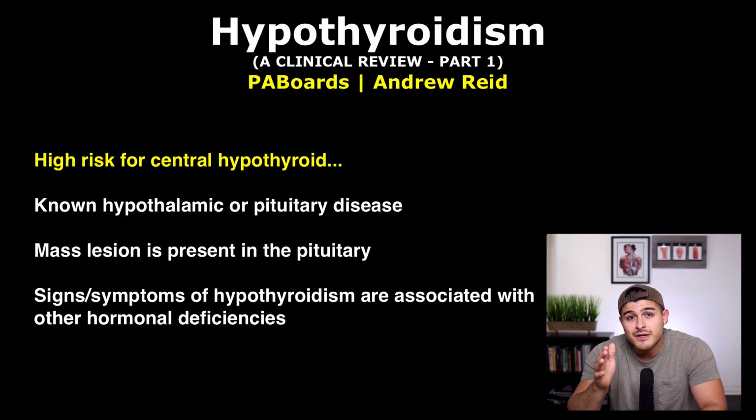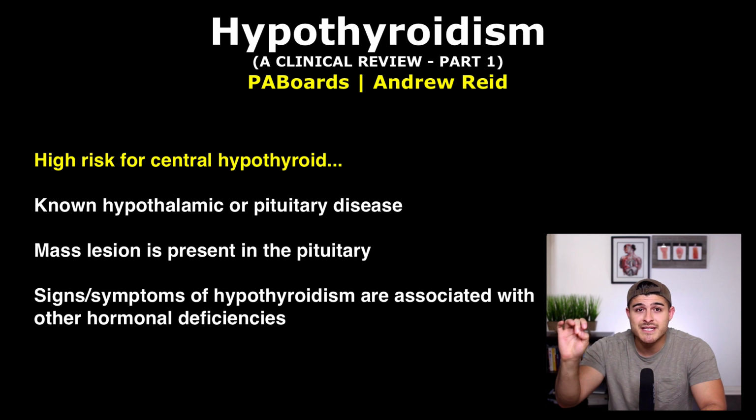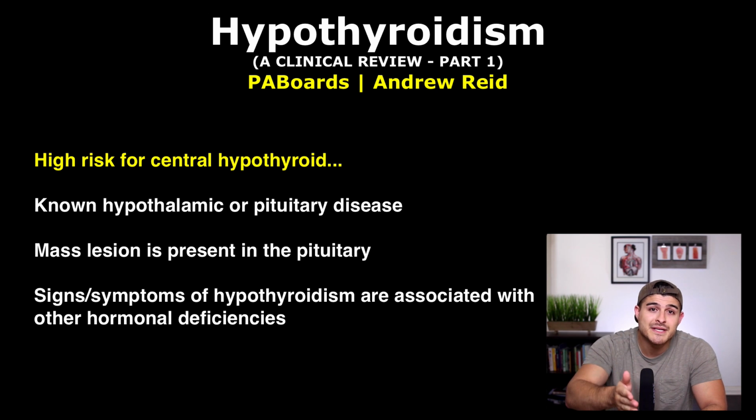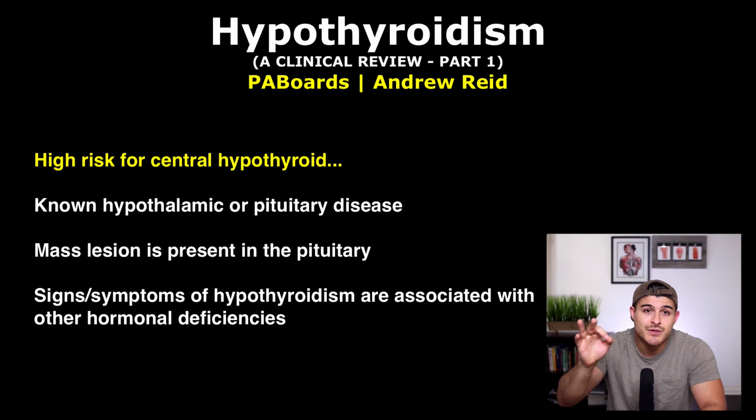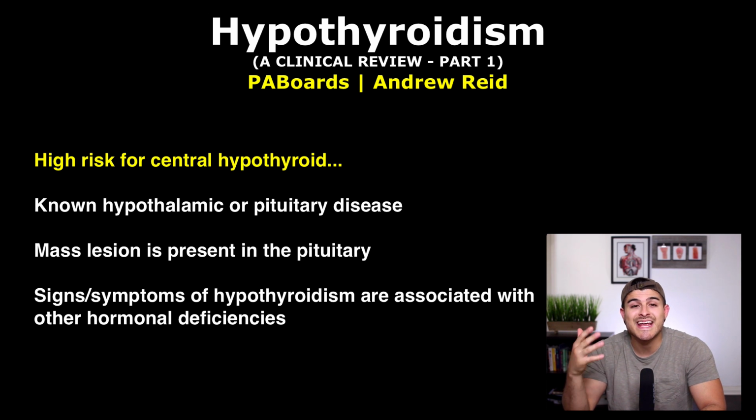Remember, the problem here is that we have either decreased TRH or TSH production, depending if we have hypothalamic disease and/or pituitary disease, right? So we have a decreased production of TRH, decreased production of TSH. The body is unable to increase TSH levels in order to compensate for these decreased T4 levels.